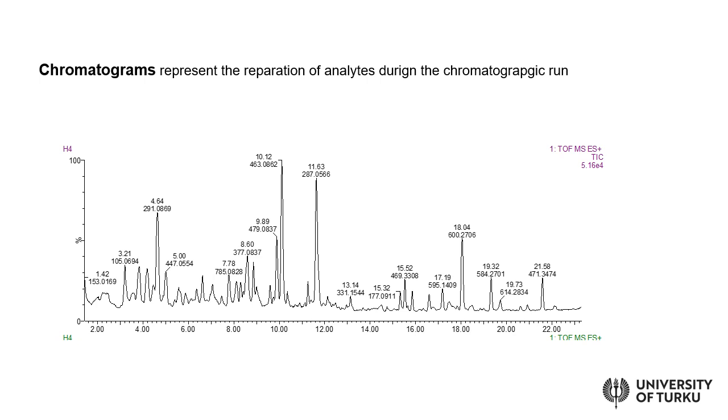In this case, the detection was conducted in mass spectrometry analysis, as you can see. So it's TOF-MS, electrospray ionization in positive mode in this case, how it was then analyzed. But the chromatographic separation is very evident here. It's much easier to look at the components when they are first separated from each other.